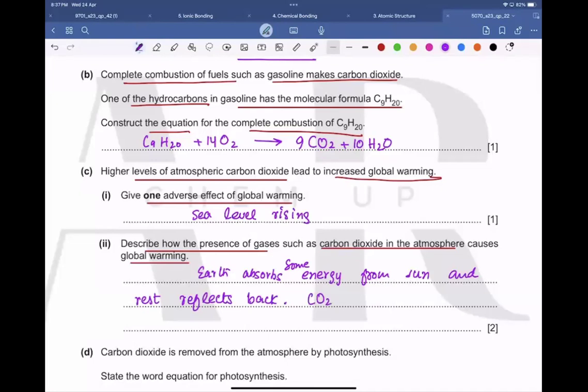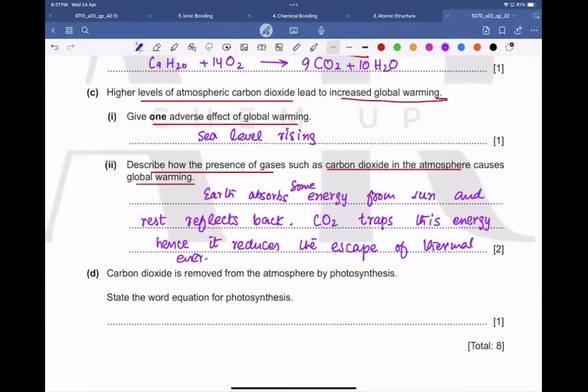That carbon dioxide traps this energy, hence it reduces the escape of thermal energy to the space, and as a result the temperature rises and global warming occurs. Is this clear to all of you?